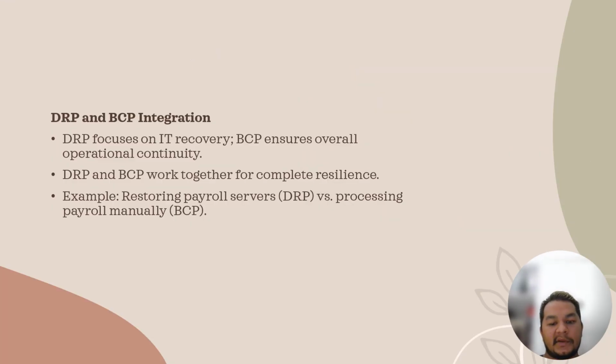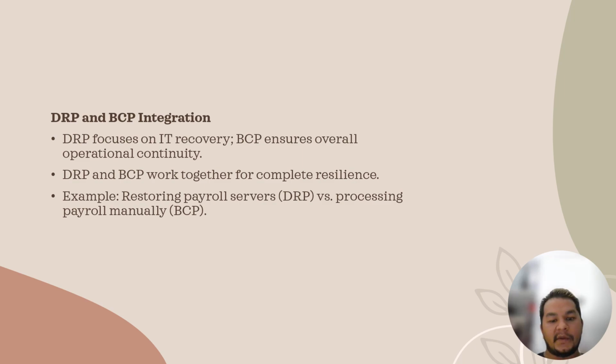The next one is DRP and BCP integration. DRP focuses on IT recovery, and RTO and RPO are established to define acceptable downtime and data loss. Data backup procedures are developed to ensure offsite or cloud-based storage of essential information.